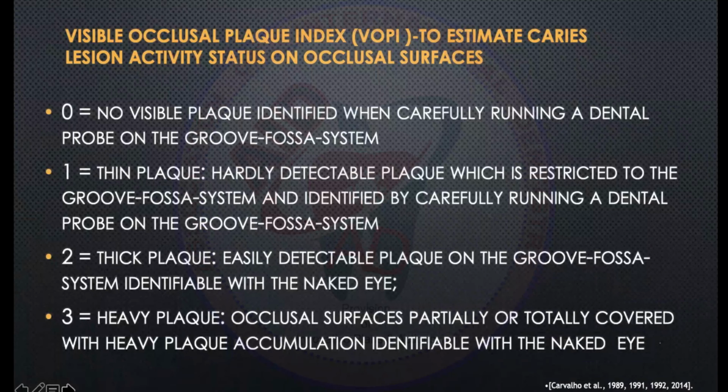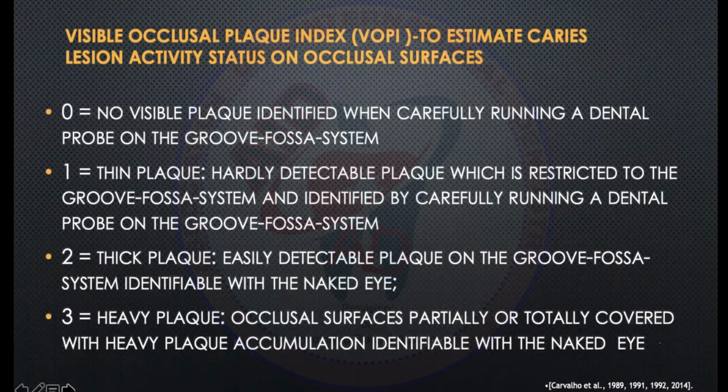Now, this is another plaque index which is important to understand, and it is very important when you examine the patient for dental caries, especially for the occlusal surface, because we have another index for the proximal surface, and this is for the occlusal surface.